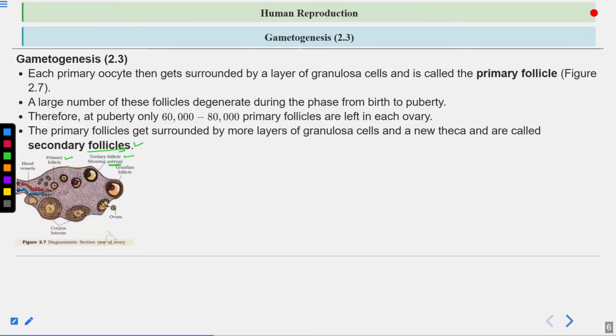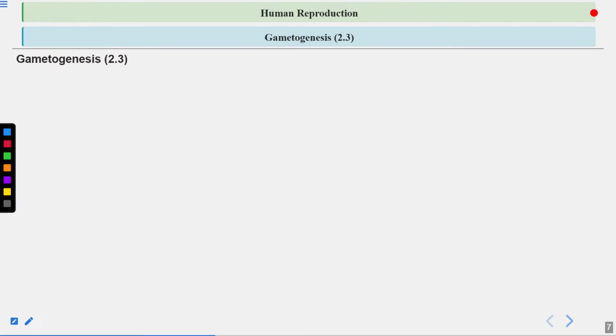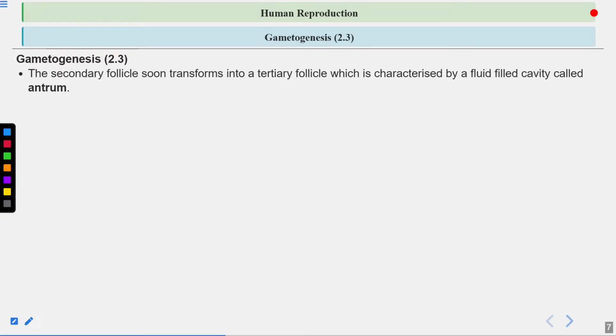So this antrum is the characteristic feature of the tertiary follicles. Now the secondary follicle soon transforms into a tertiary follicle, which is characterized by a fluid-filled cavity called the antrum. So you can see antrum is a characteristic feature of the tertiary follicle.